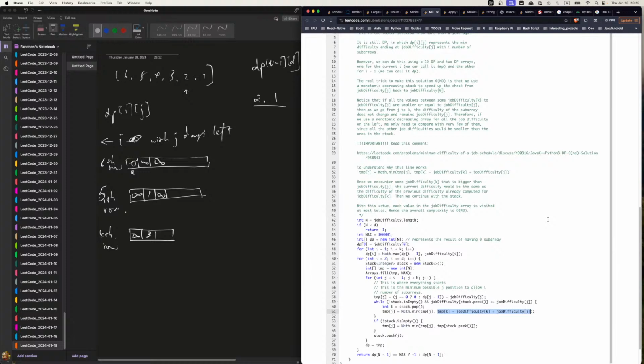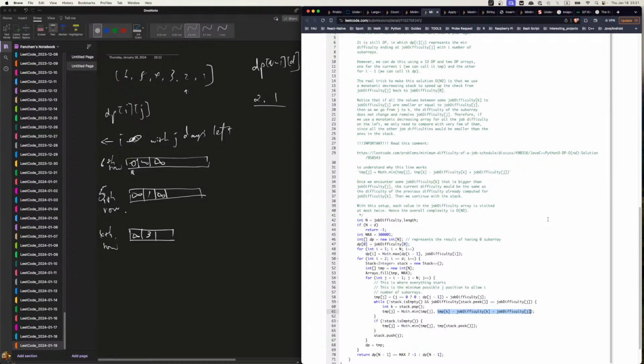Therefore, if we use a monotonic decreasing array for all the job difficulty on the left, we only need to compare with very few of them, since all the other job difficulty will be smaller than the ones in the stack. Okay, but you are also missing, right?